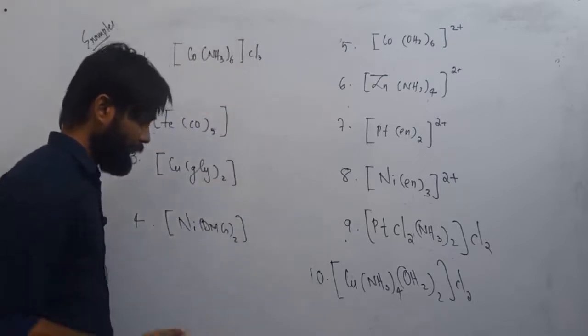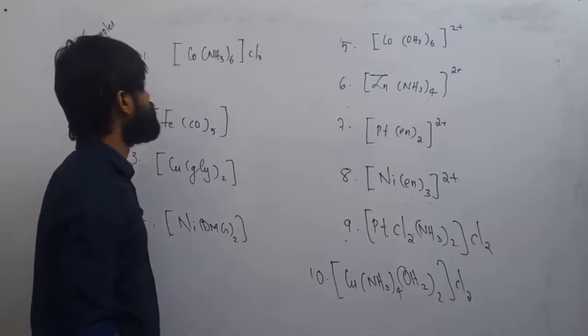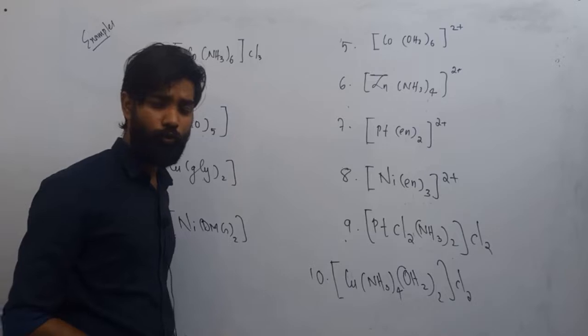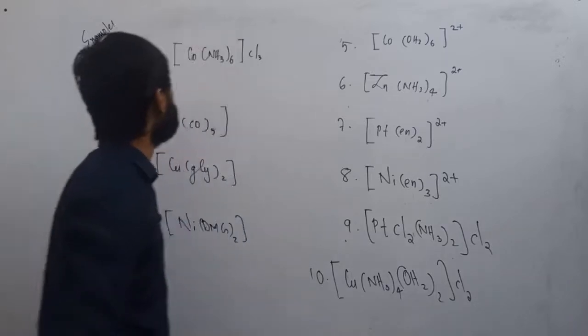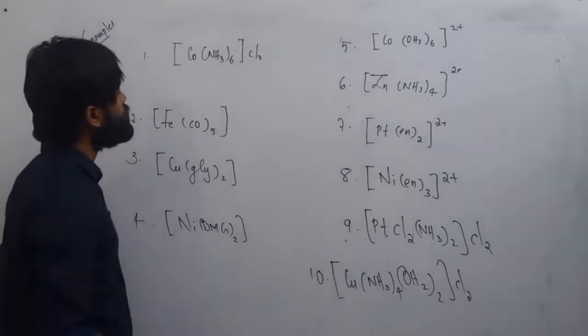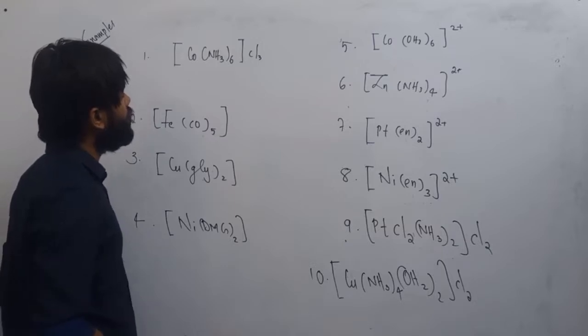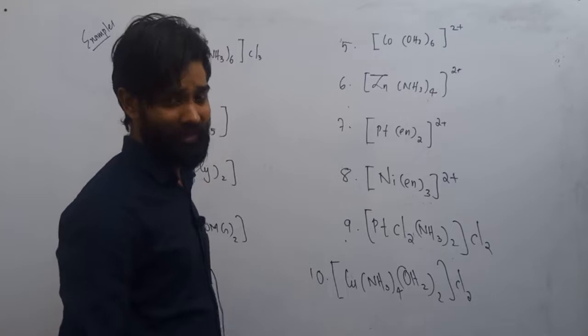So we can name the category. Okay, what about the first one? In the first one, the counterion is anion. So the entity is cation. Okay, so you name from the entity itself. When you enter the entity, you can see the ligands. What are the ligands? Amine. How many amines? 6 amines.